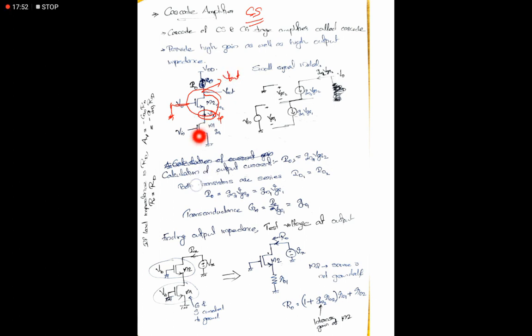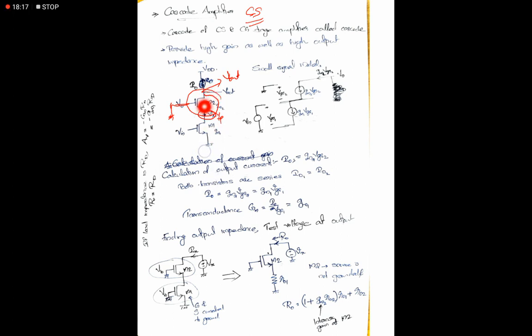So here the input is at the gate and the source is grounded. So it is a common source configuration, and in this one we gave a DC bias at the gate. But M2 is a common gate configuration because the gate is at AC ground, while the source and drain are not at AC ground.